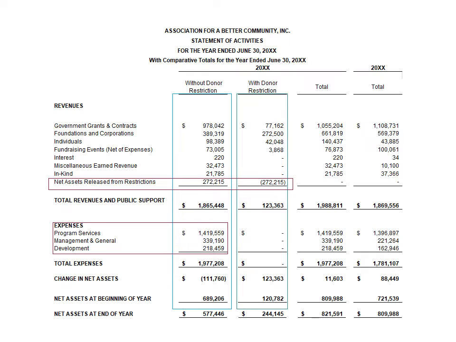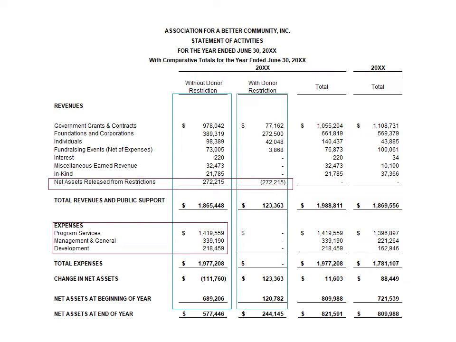Because once we use our restricted assets for the purpose that they were designated, we can then move that asset from restricted into the unrestricted column. So that's what's going on in this line. And you'll notice in the with donor restrictions column, there are no expenses. Remember, donors restrict revenue, not expenses. So we have our without donor restrictions column that shows us revenue that was generated on an unrestricted basis and expenses.